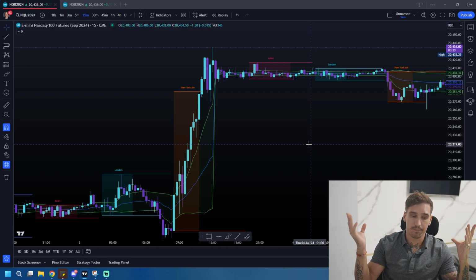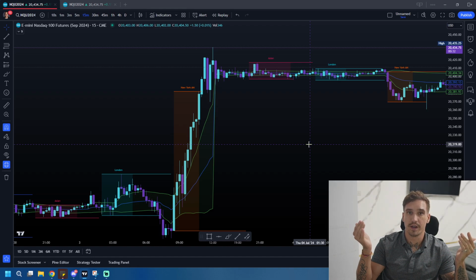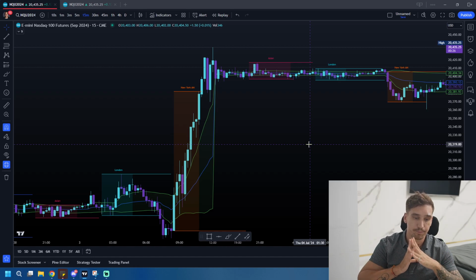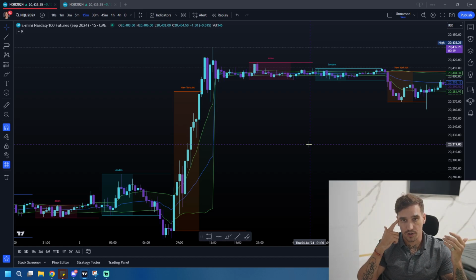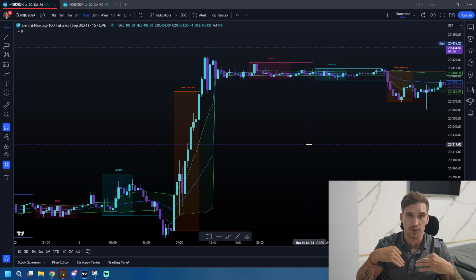And with knowing things like this, the accumulation, manipulation, distribution, AMD strategy, and having this indicator, we have another tool in our pocket to keep our emotions in check, because knowing this kind of stuff will help us not only make money, but be able to stay in trades that will make us the money. You know what I mean?